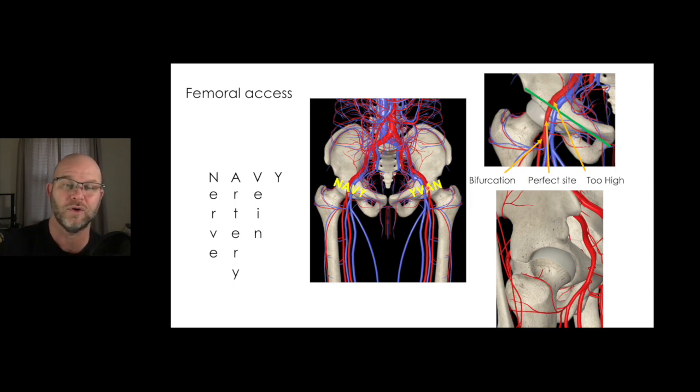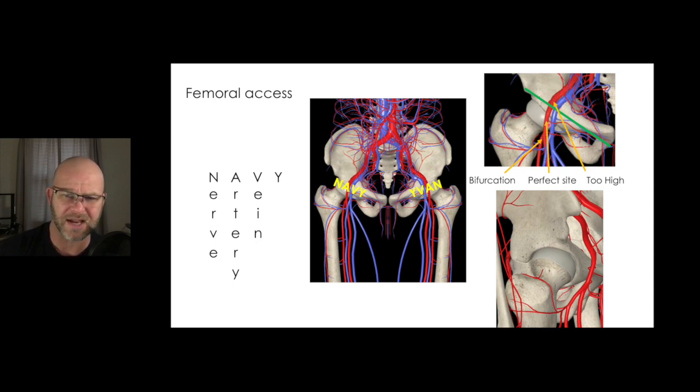Whenever you feel that arterial pull or that femoral pulse in the artery, you know that medial is where that vein would be. So why do we stick where we do? Well, you want to stick over the femoral head. You have this inguinal ligament that runs just over the femoral head, and below that, you'll have this bifurcation.